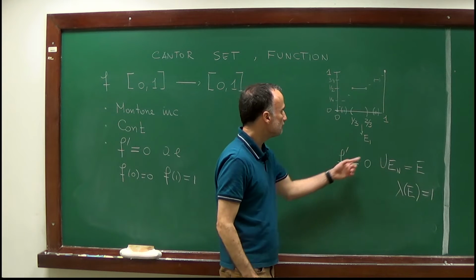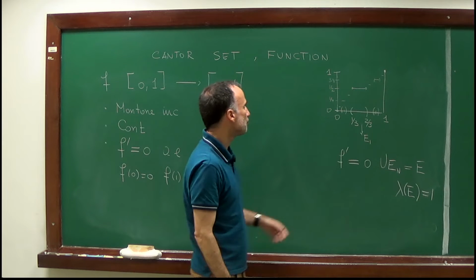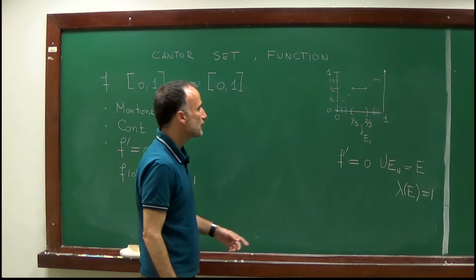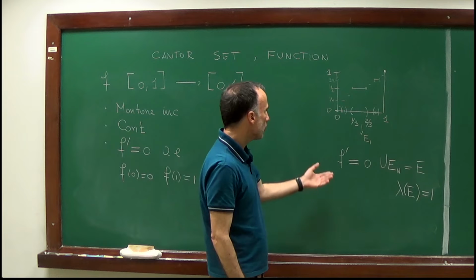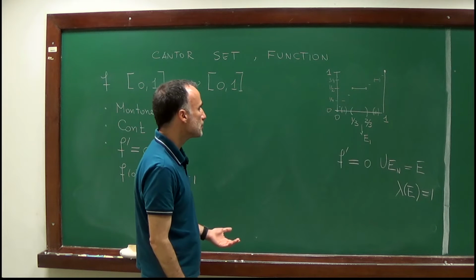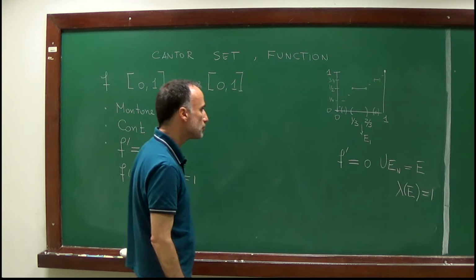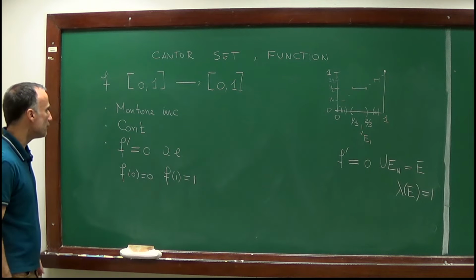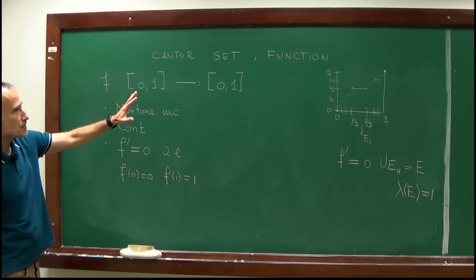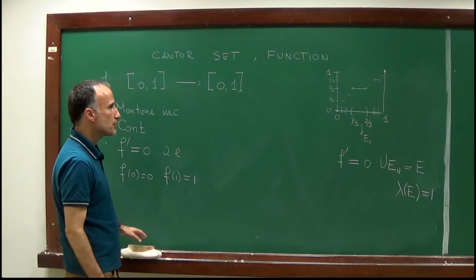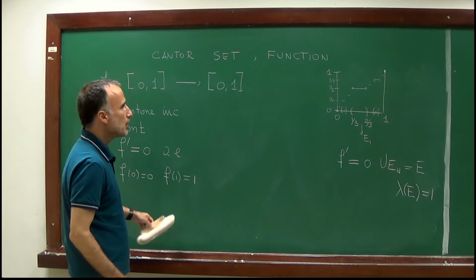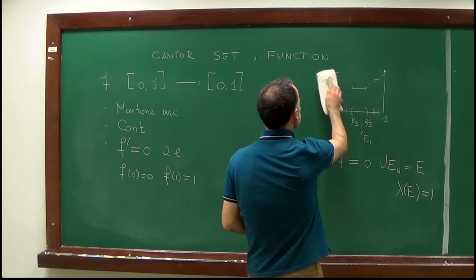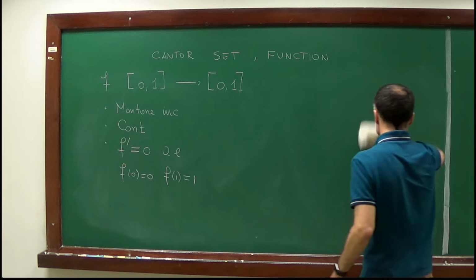Therefore, if we succeed in proving that this function is continuous, we will have an example of a function which is continuous and whose derivative is equal to 0 almost everywhere. So this is an informal presentation of that function, and now I will define it with all details.